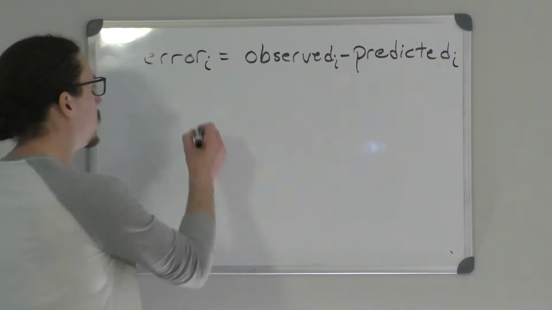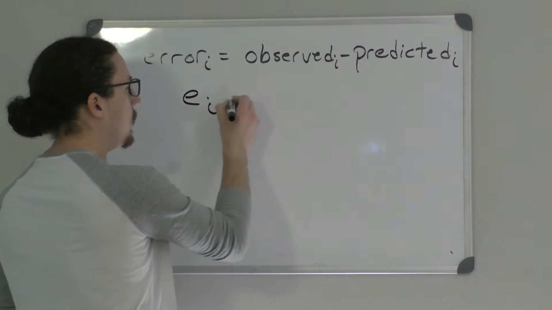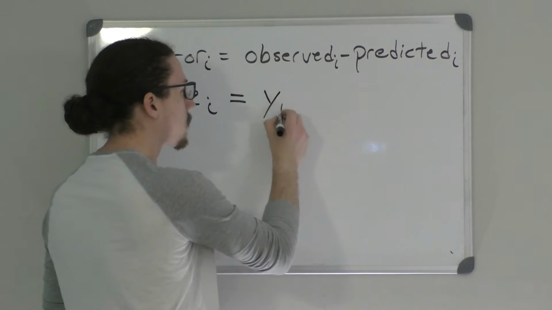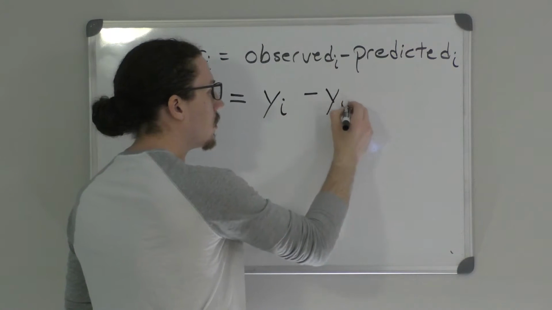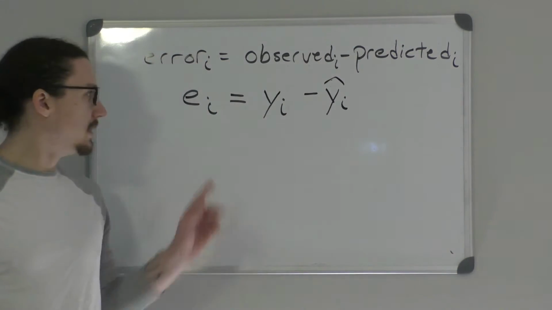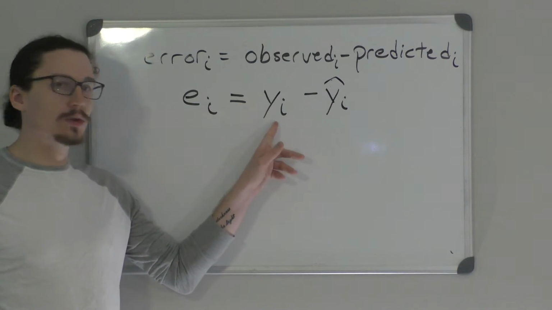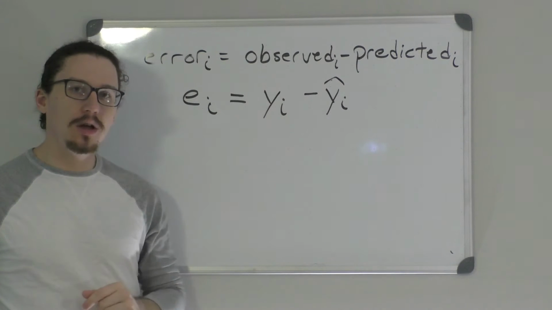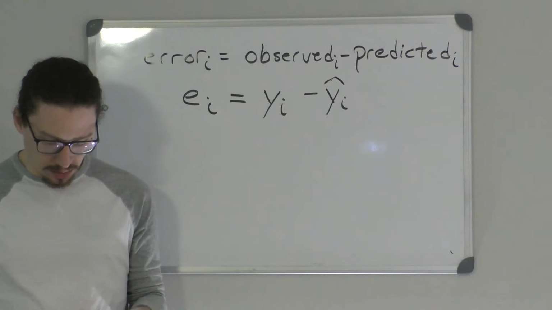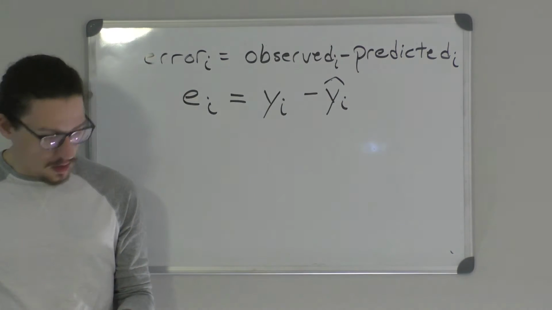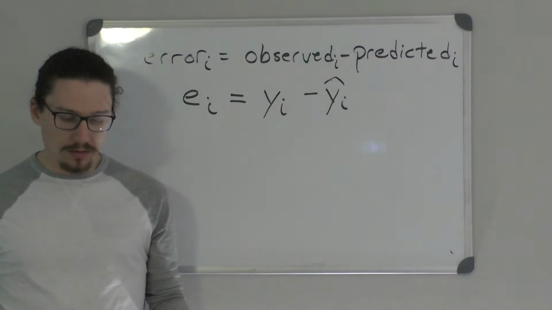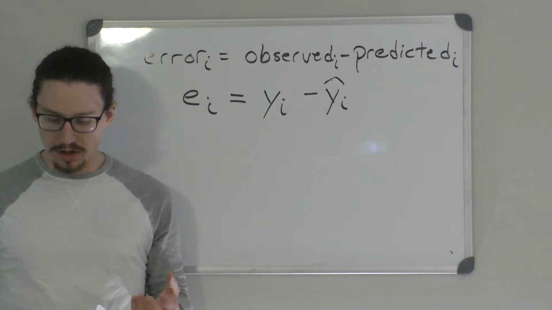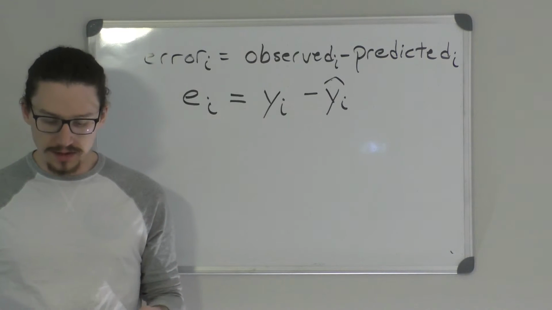We can write this in slightly more mathematical terms as e_i equals y_i, the observed value, minus y_i hat, which is of course the predicted value. So by finding the regression model that has the lowest error term, we can find the one that fits the best.